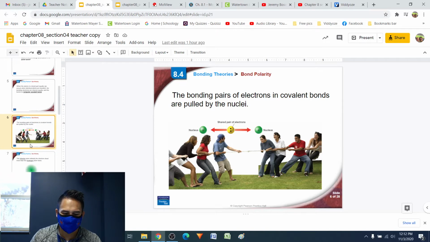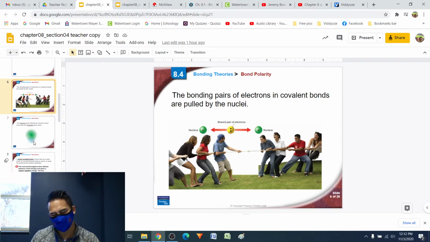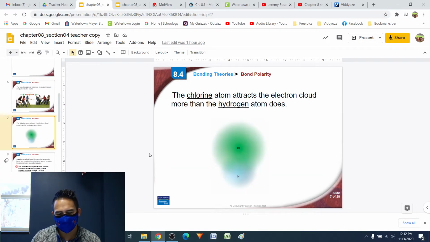But in a lot of atoms, it doesn't actually work this way, okay? In a lot of atoms, what will actually happen is one of the atoms will tend to pull electrons closer to it and further away from the other one. And so when that happens, you're going to get a charge that's sort of more negative on one end of the atom and a charge that's sort of more positive on the other end of the atom, okay?